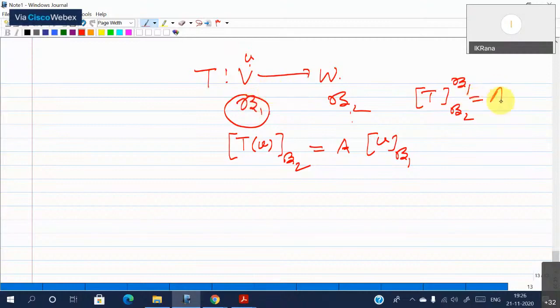So this is what is going to be your A. Maybe you are making a mistake of not writing this matrix A. You may be writing in terms of the standard basis, but you have to forget the standard basis and concentrate on this basis B1 here and B2 here. So this A, you should replace it by that matrix. Then everything will be okay. So it should be the matrix of T with respect to B1 and with respect to B2.